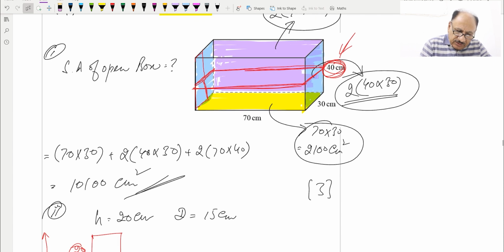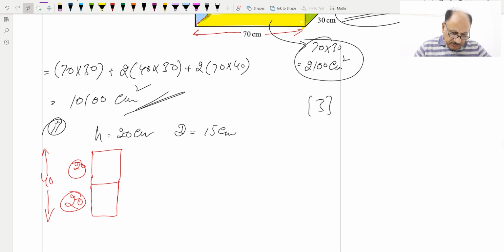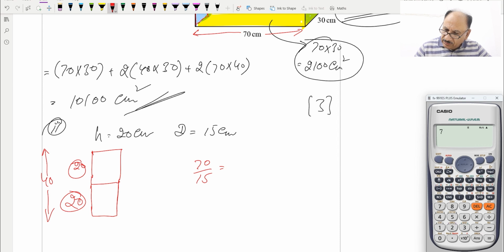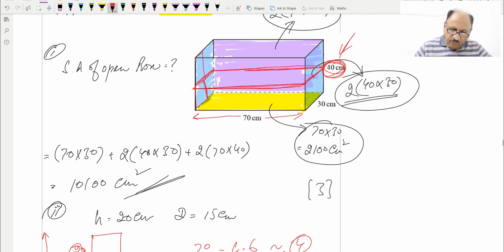And now on this side, this length is 70 and the diameter is 15. So 70 divided by 15 will be equal to 4.6. So four cylinders, 4.6 rounded to 4, because only complete cylinders count.